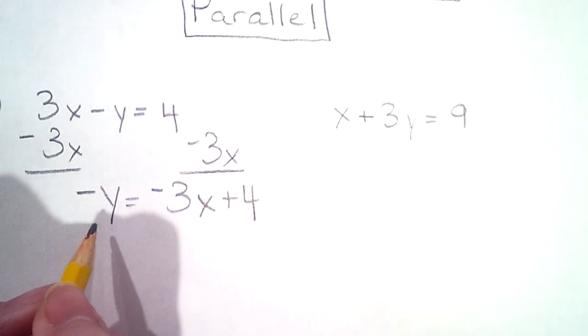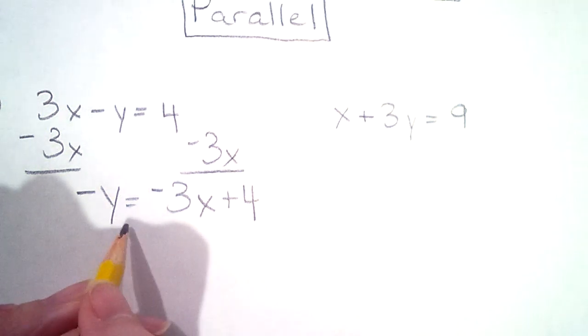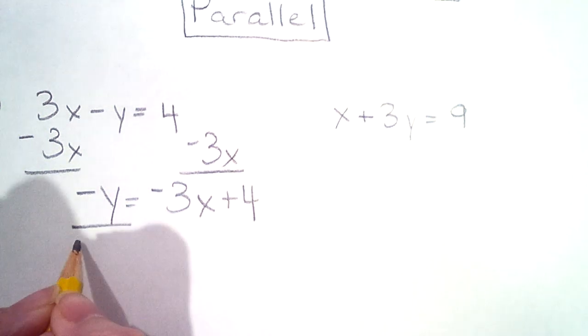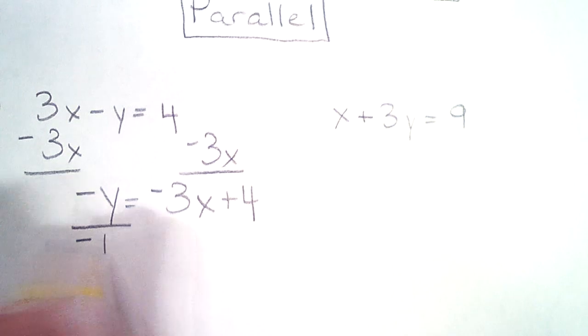Since I have a negative y here, it's important that I cancel out that negative symbol. I can do that by dividing both sides by -1.